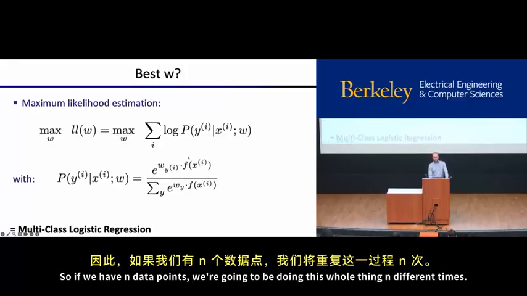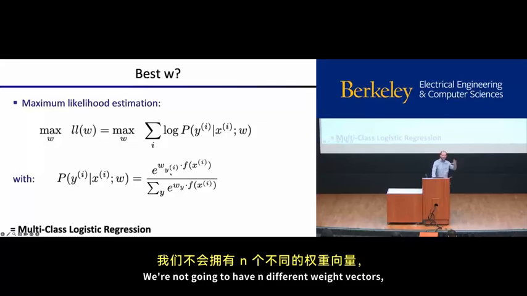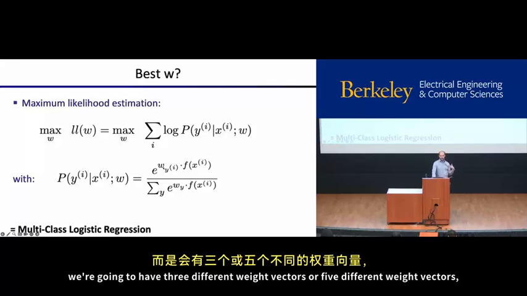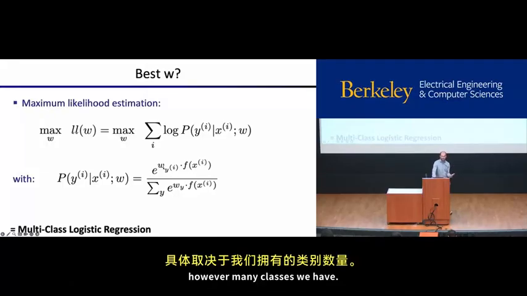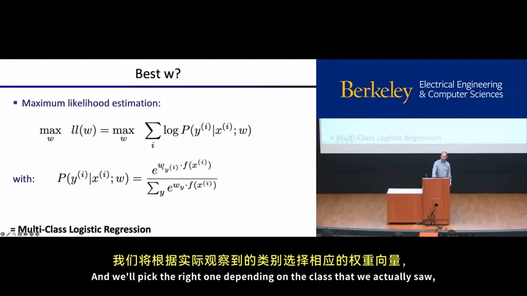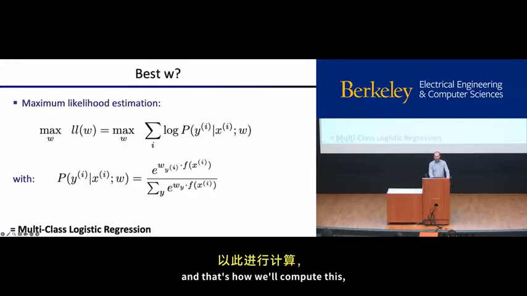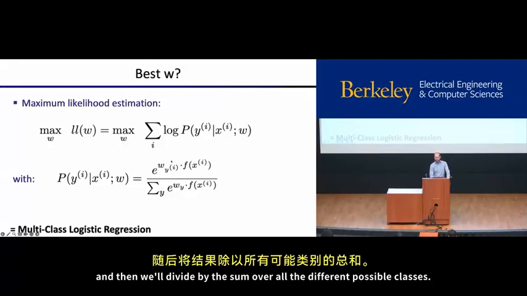So, if we have n data points, we're going to be doing this whole thing n different times. We're not going to have n different weight vectors. We're going to have 3 different weight vectors or 5 different weight vectors, however many classes we have. And we'll pick the right one depending on the class that we actually saw. And that's how we'll compute this, and then we'll divide by the sum over all the different possible classes.